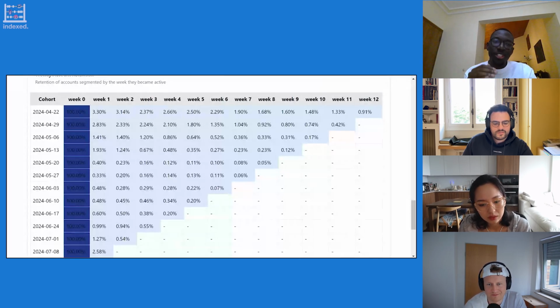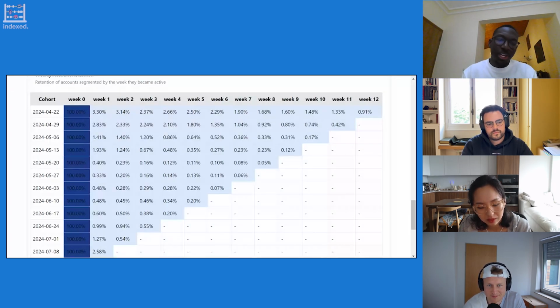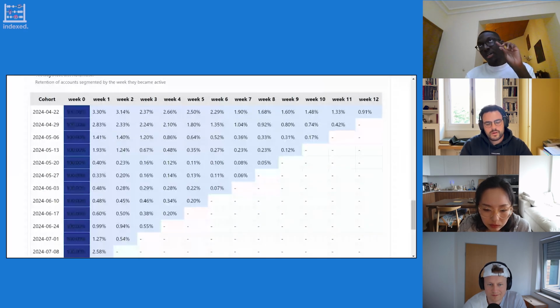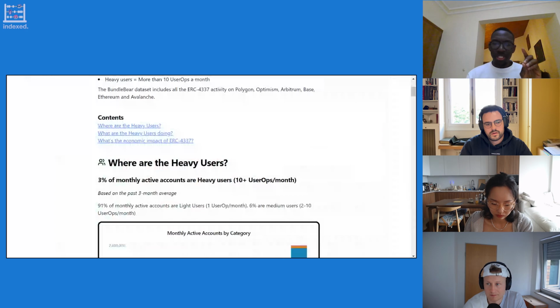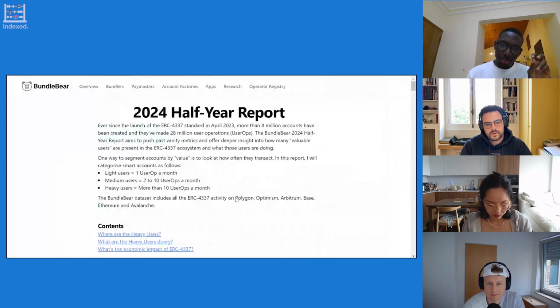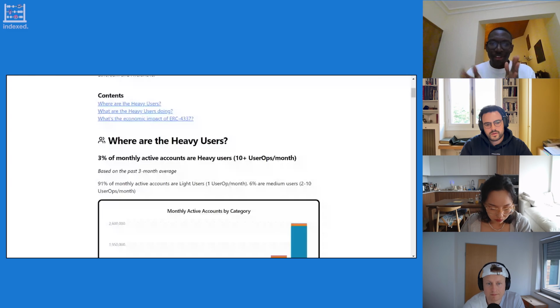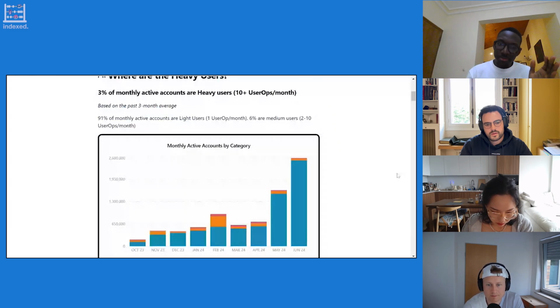There's a lot of activity that is along the lines of people signing up for this thing because maybe airdrop, and then they just didn't use that thing again. I recently, maybe earlier this week, put out a half-year report for BundleBear looking at the question of how many people are actually heavy users versus light users.